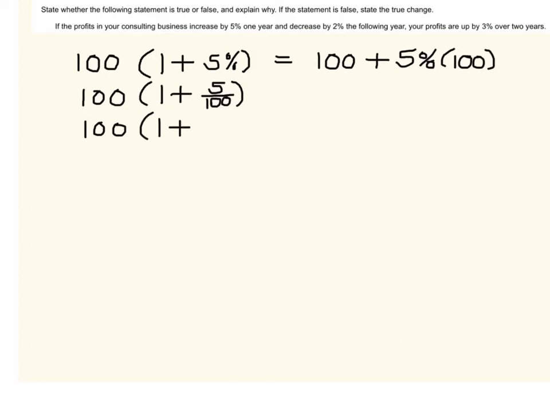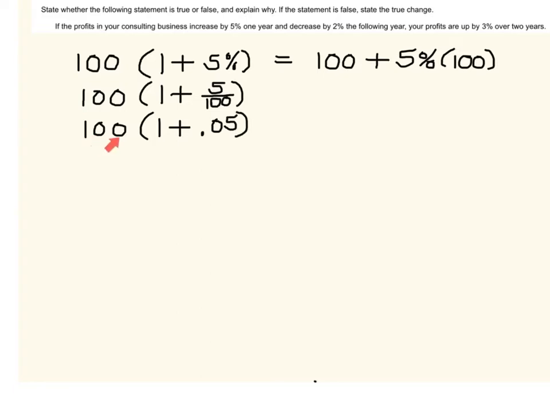And another way of writing 5 over 100 is to imagine a decimal place to the right of both of these digits. I'm going to move it 2 places to the left, making the denominator a 1 and the numerator a 0.05. So 0.05 is the same as saying 5%.